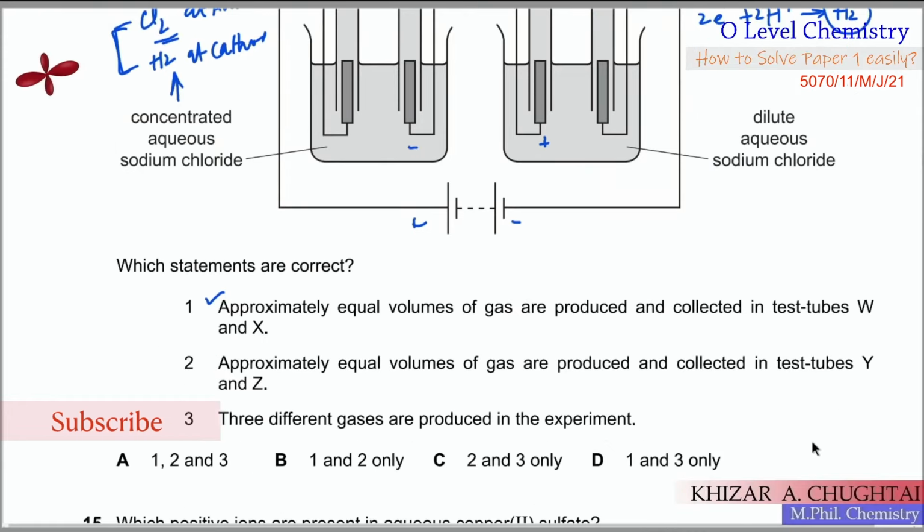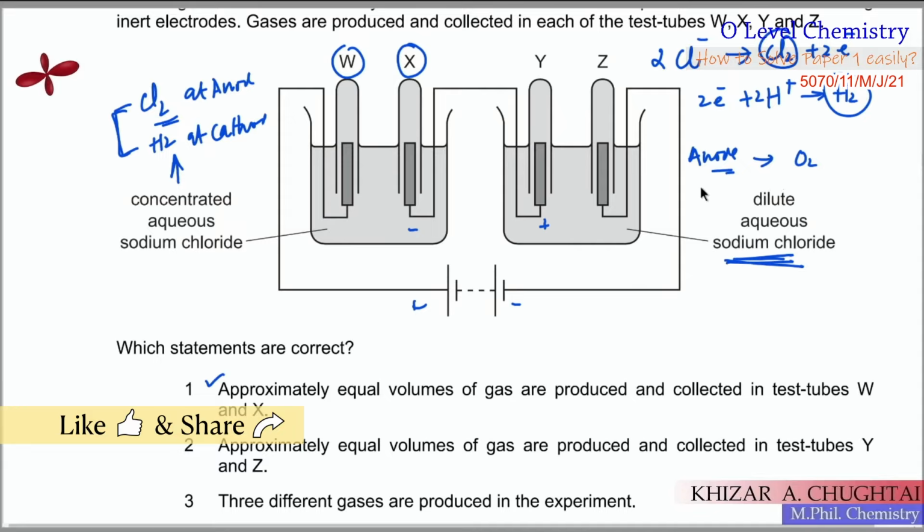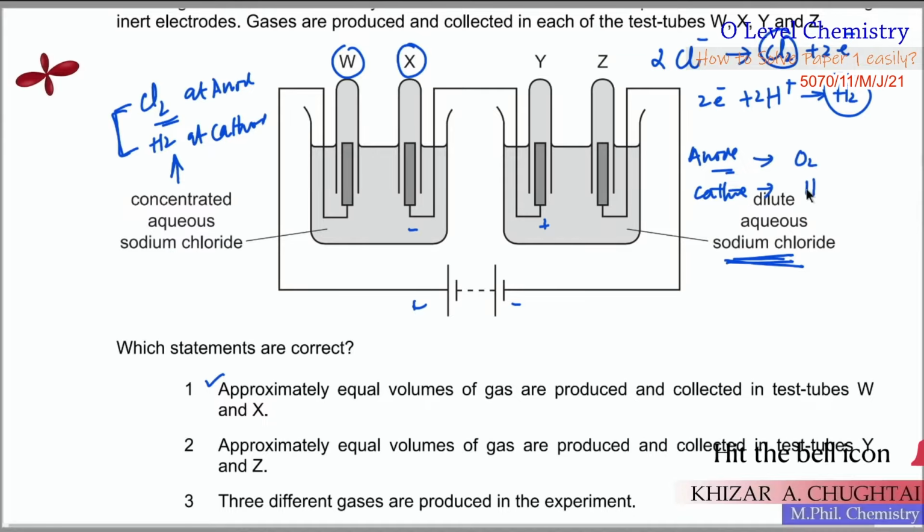Approximately equal volumes of the gases are produced and collected in test tubes Y and Z. In the case of dilute sodium chloride, oxygen is being formed at the anode, and at the cathode hydrogen gas is formed. But they will not be in 1:1 ratio.